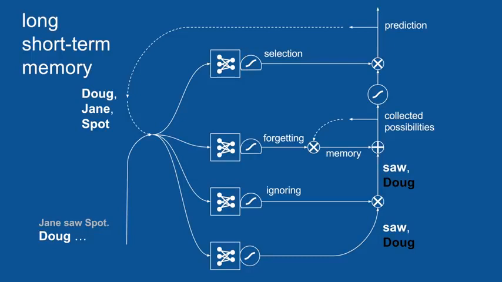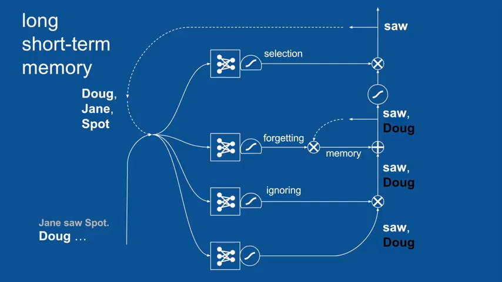And again, for the purposes of simplicity, let's say there's no memory at the moment, so saw and Doug get passed forward, and then the selection mechanism here has learned that when the most recent word was a name, then what comes next is either going to be the word saw or a period. So it blocks any other names from coming out. So the fact that there's a vote for not Doug gets blocked here, and the word saw gets sent out as the prediction for the next time step.